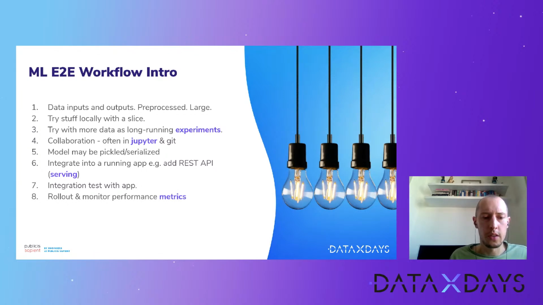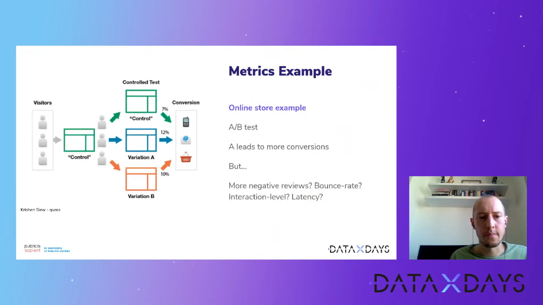And then when we roll out this model, we would monitor the performance of the model, looking for specific metrics. And the metrics, I should say, can be custom to the use case. But let's drill a little bit into metrics now and understand a bit more about the metric space.